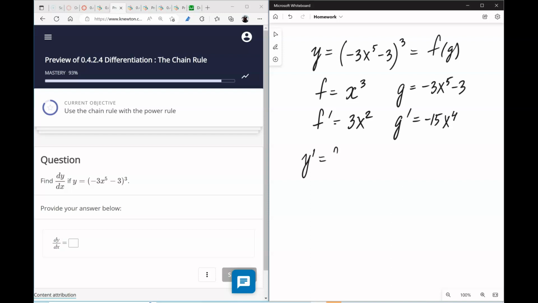the following result. So we have derivative of f evaluated at g times g prime. But derivative of f is 3x squared, so it's 3g squared times g prime. And 3g squared is going to be negative 3x to the power 5 minus 3 squared times g prime.